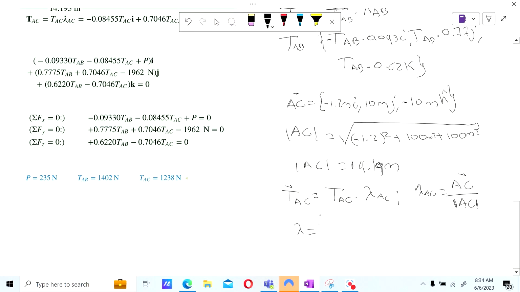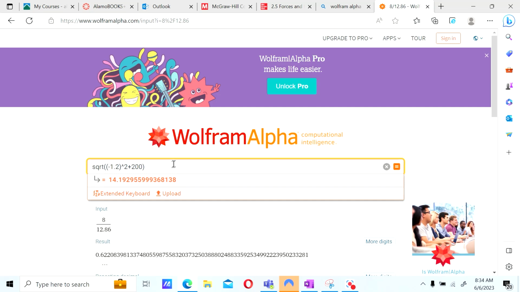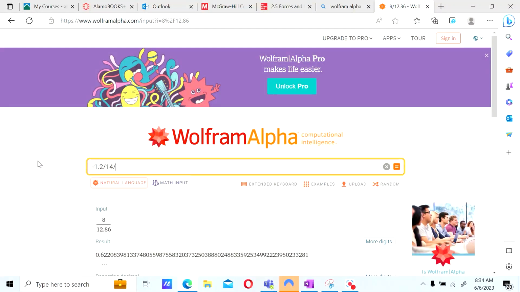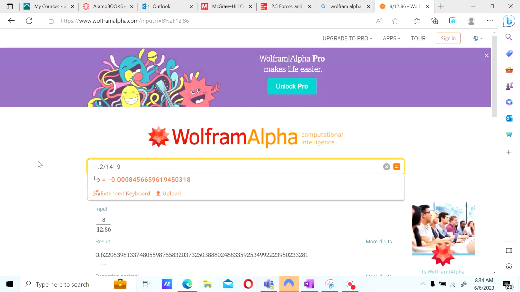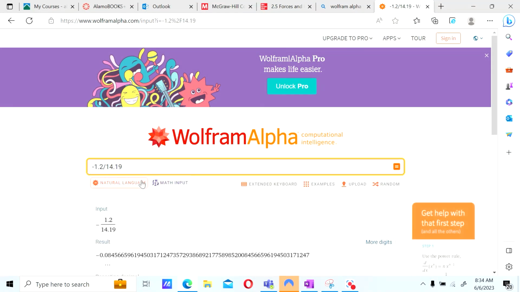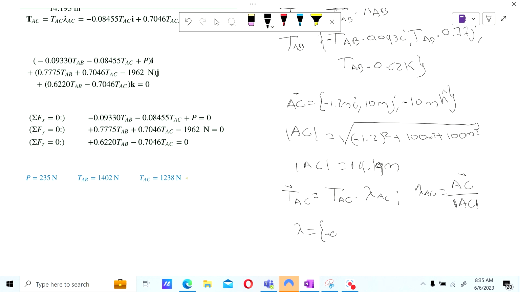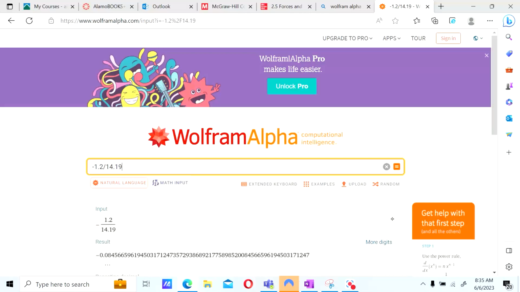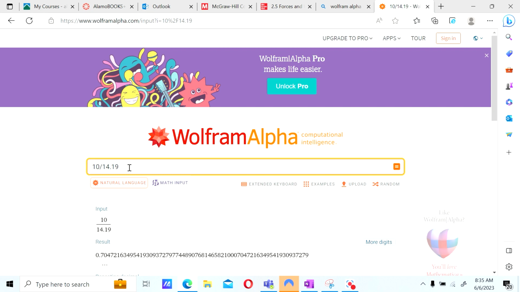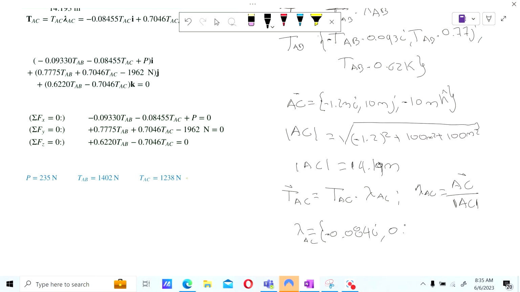So lambda equals negative 1.2 divided by 14.19, which is negative 0.084 I, comma, 10 divided by 14.19 is 0.704 J, comma, minus 0.704 K because it was negative 10.